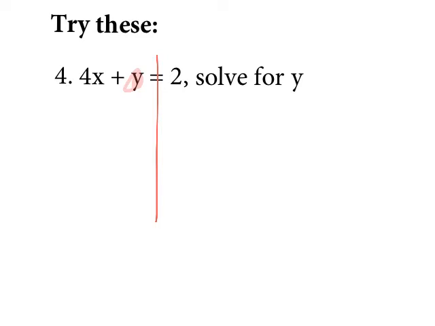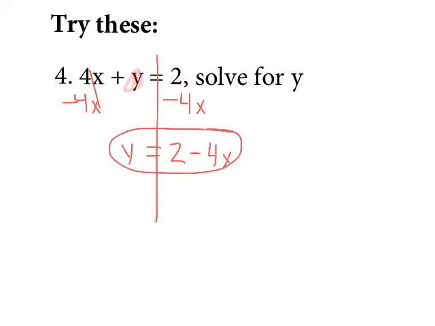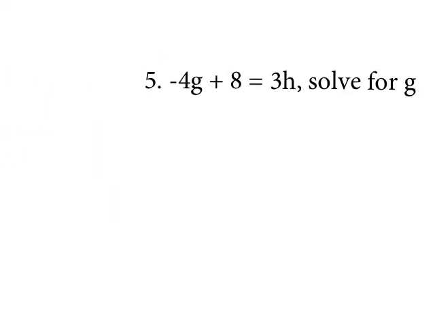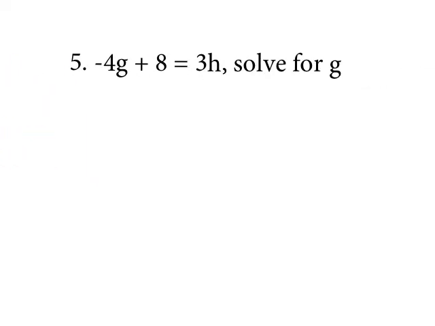So the thing being added to y is 4x, so I want to get rid of that first. So I'm going to subtract 4x since it's positive. Okay, so I have y equals 2 and 4x are not like terms, so I just have 2 minus 4x. Okay, and that's it for that one. Number 5 has an extra step on there, so I want to solve for g.